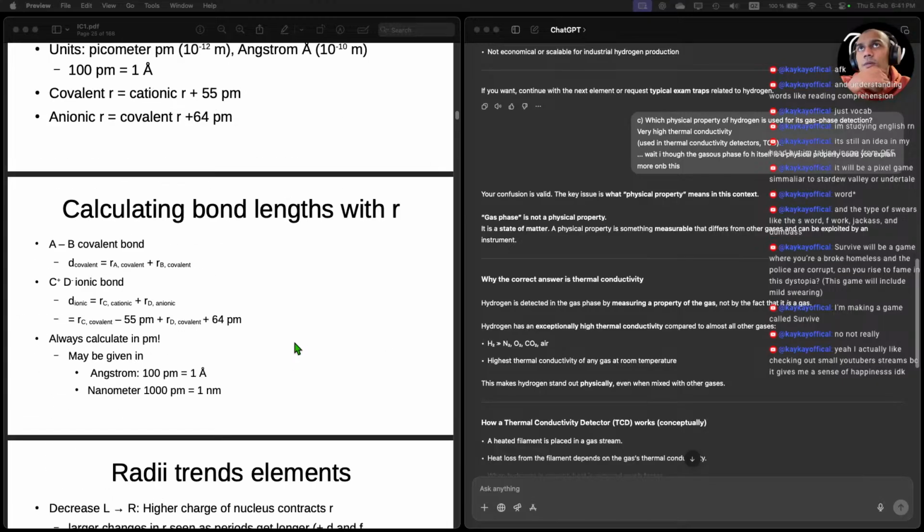Atomic radii, dipole, these are all general chemistry, right?